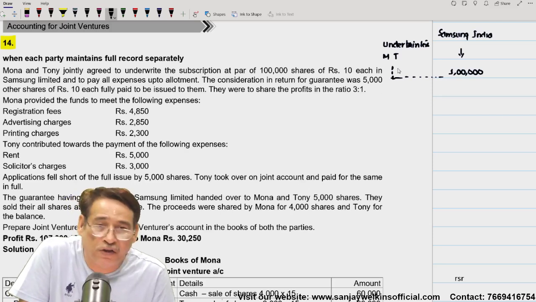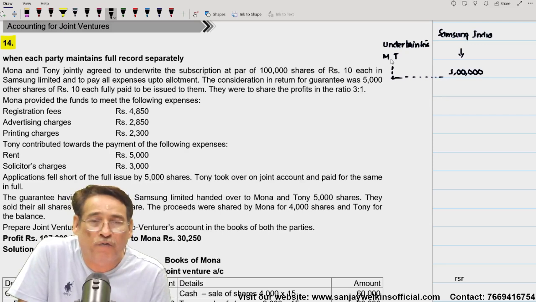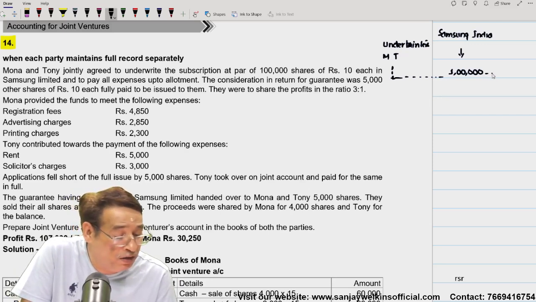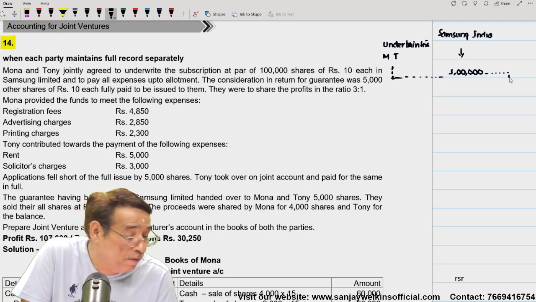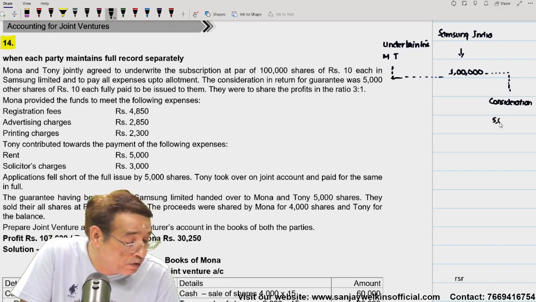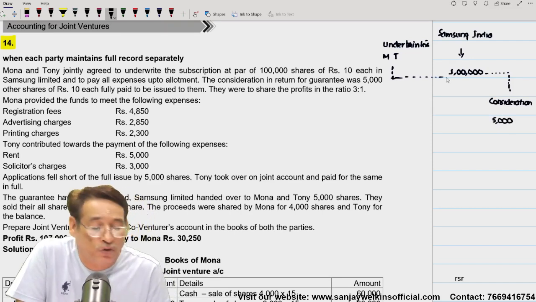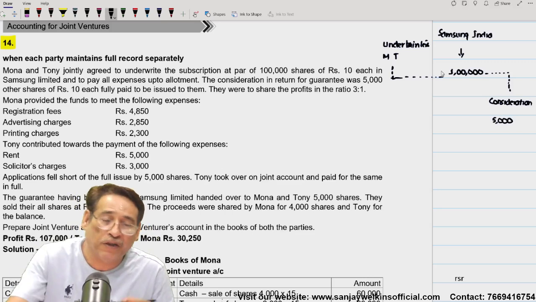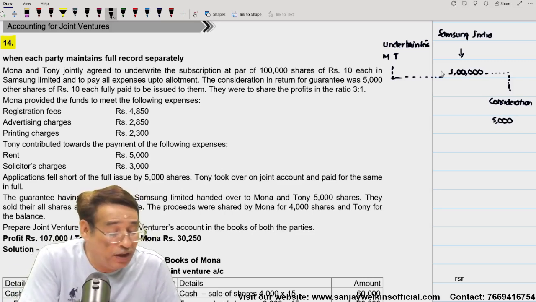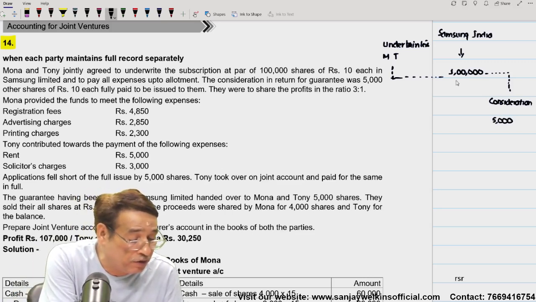And for their services, as we saw in the earlier question, these underwriters will receive some consideration. In this case, Samsung India Limited will give them 5,000 shares of ₹10 each as consideration for their services. So if all 1 lakh shares are subscribed, then Mona and Tony will receive 5,000 shares.